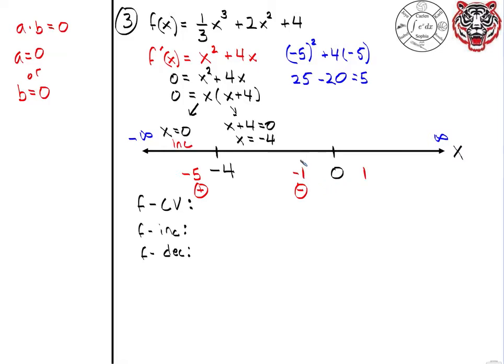Plug in -1, see what you get. Isabel already did that and found that it was a negative. See if she was right. And Isabel, go to the next step. Go and plug in 1. So Joy, did you get a positive or a negative when you plugged in 1? It's a positive.